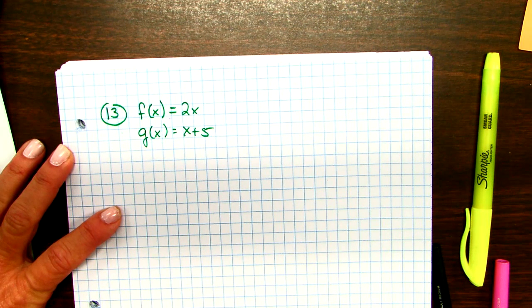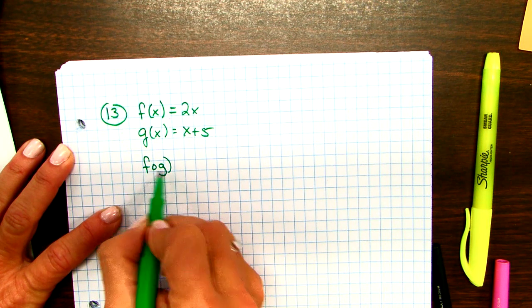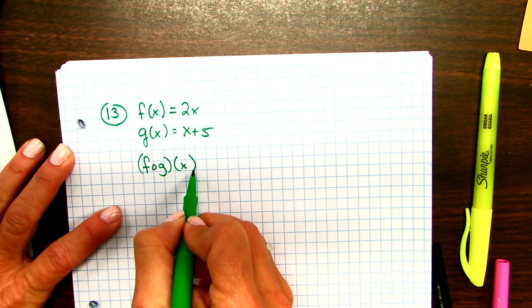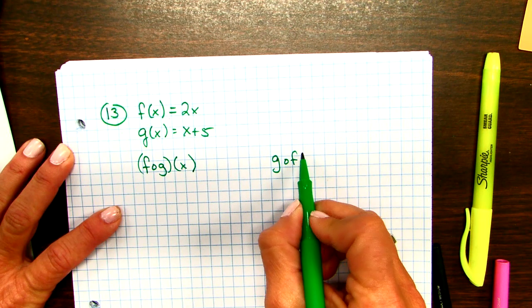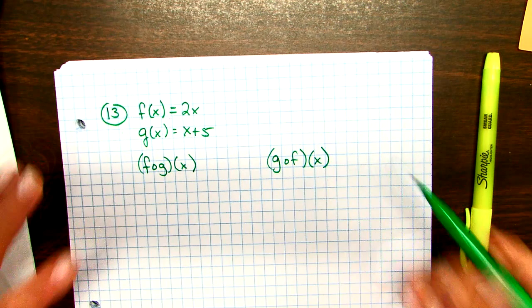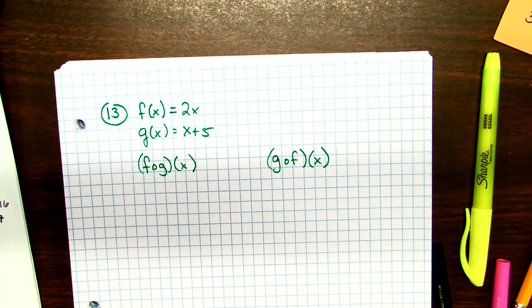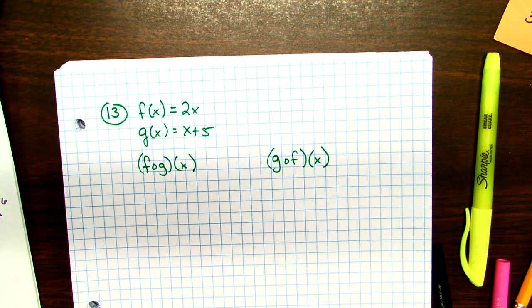The directions want us to find f of g of x and g of f of x. So you're going to have 2 answers for each problem. There's 2 problems. Okay, so that's what's given to you. Here, we're going to find these 2. Right to left. That matters.